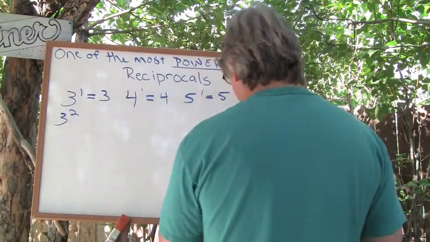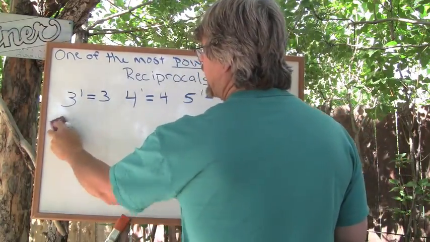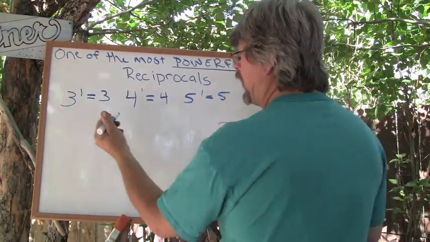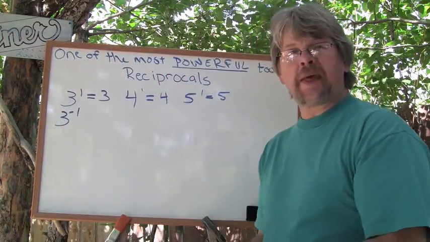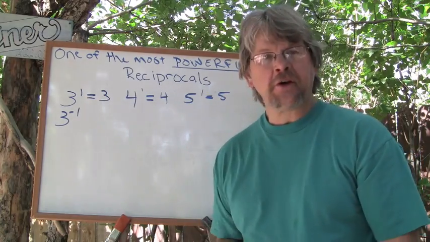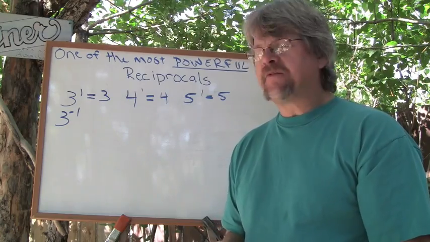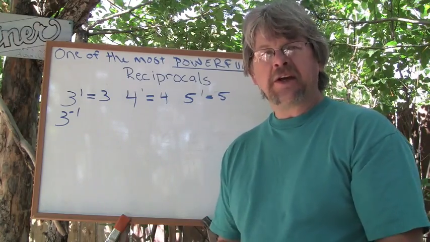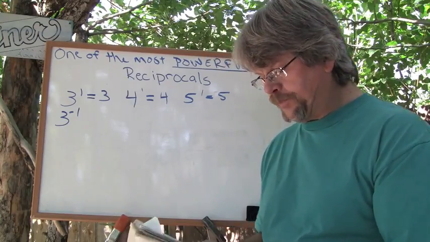What if we were given, instead of 3 to the first, 3 to the negative first? What happens when we're given a negative exponent as opposed to a positive exponent? These will begin coming up very, very often in, well, mostly in calculus, but in algebra a lot too.